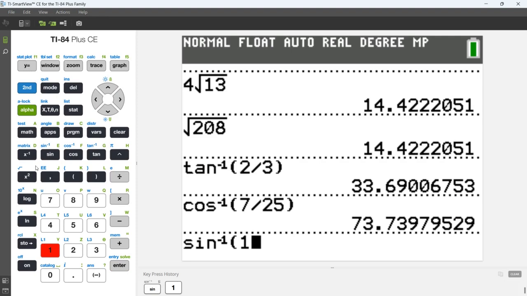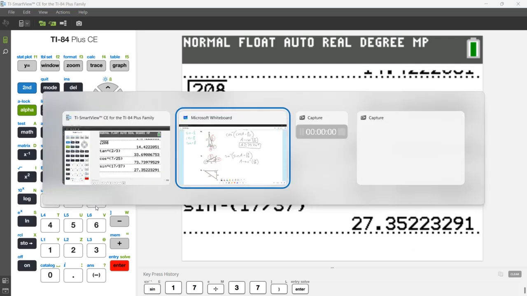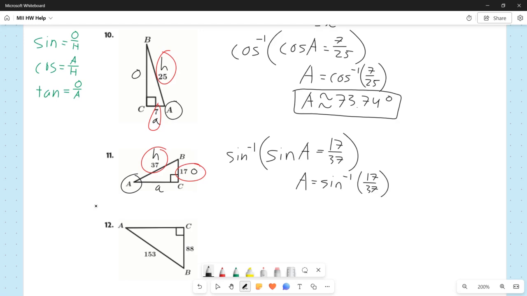Sine inverse of 17 over 37. Always a good idea to close the parentheses. And we end up getting 27.35. So A is approximately 27.35 degrees.